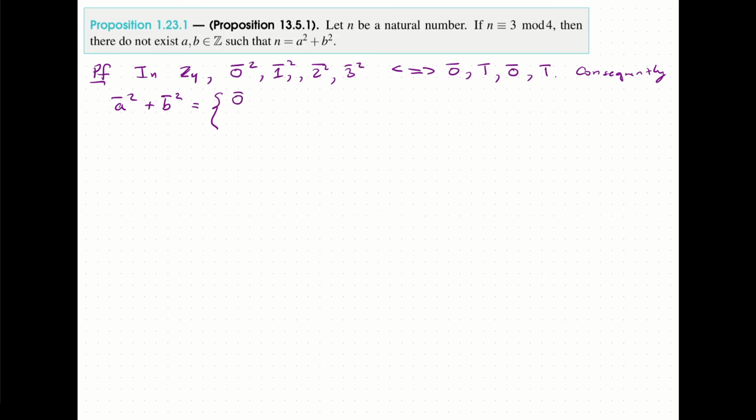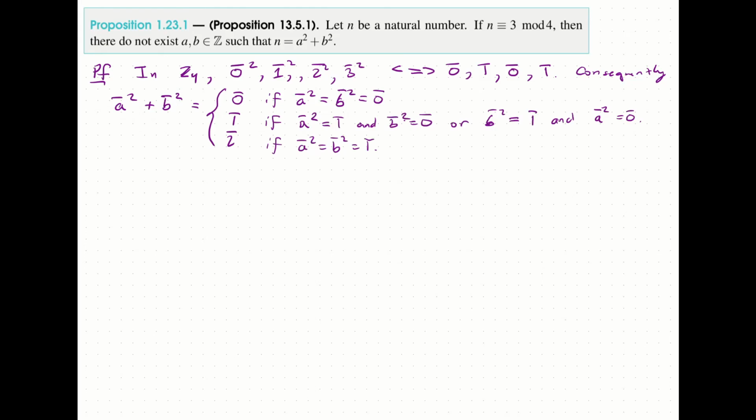If it's 0 and 1, we're going to have 1. And if a and b are both 1, we're going to have 2. And so that exhausts all the possibilities we have. So we're going to have one of these 3 possibilities.